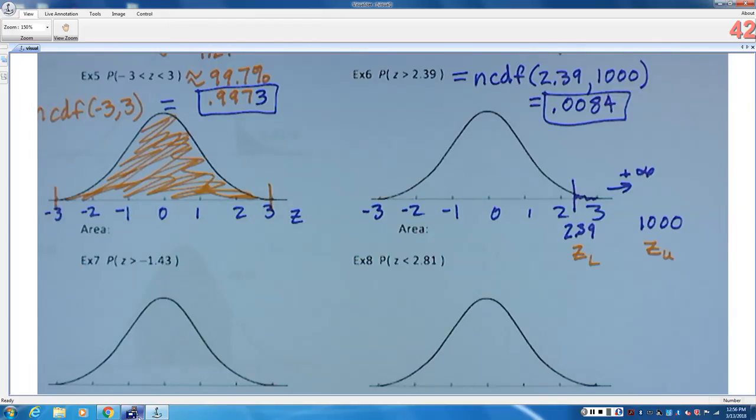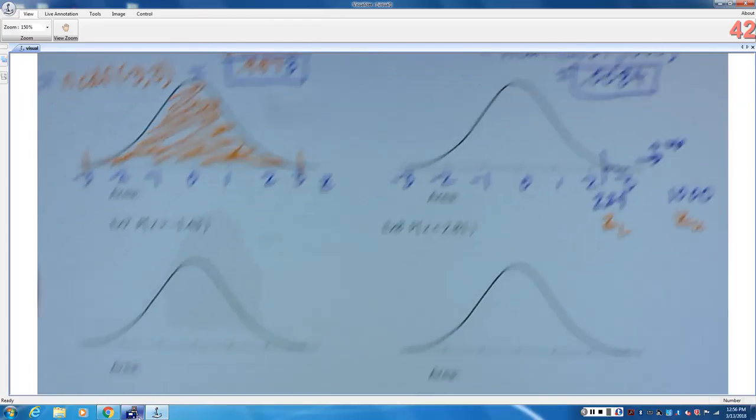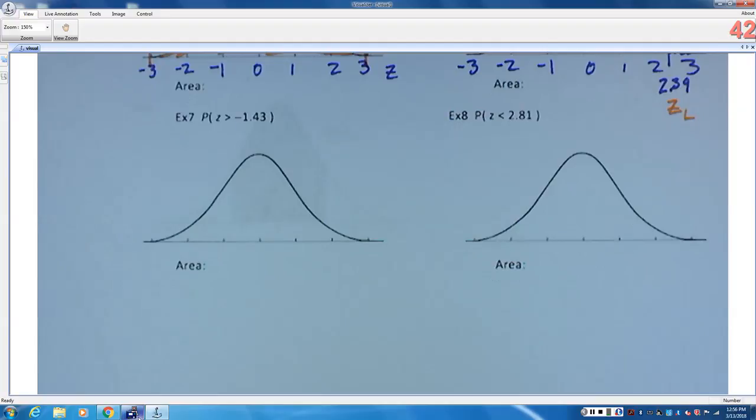Okay, greater than negative 1.43, so see if you can do that one. That's another greater than sign.